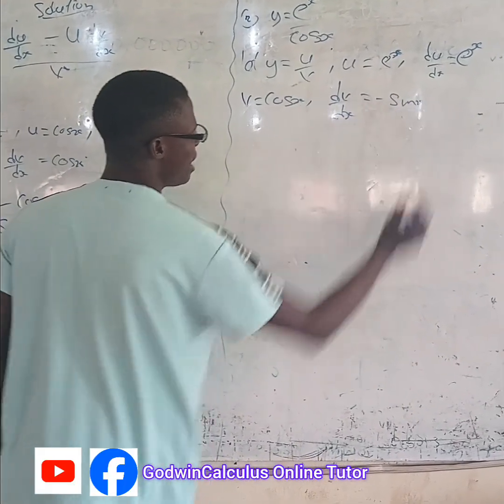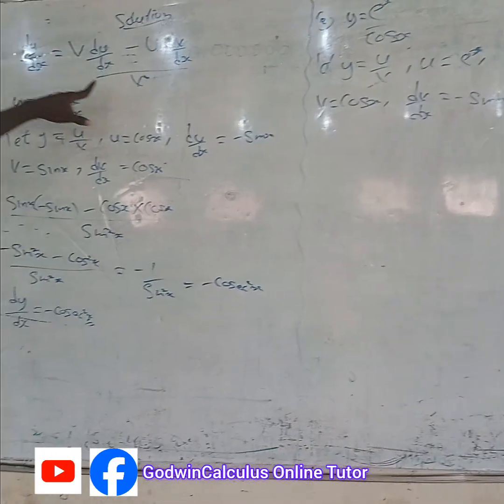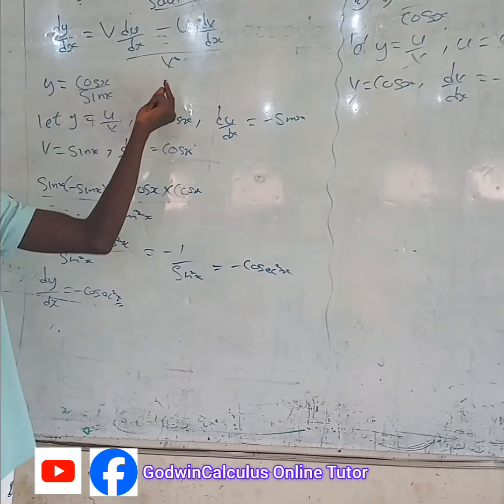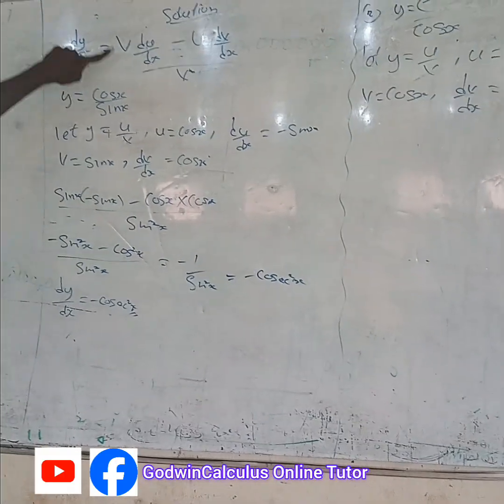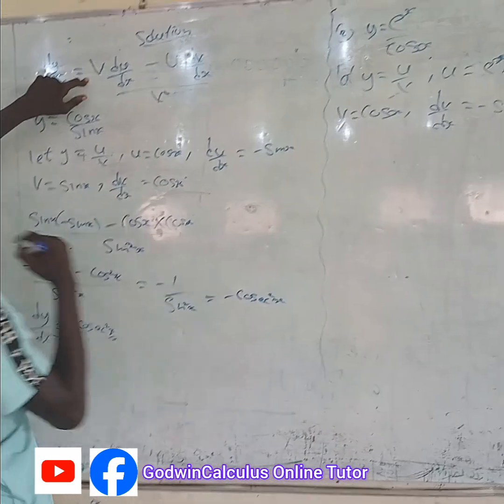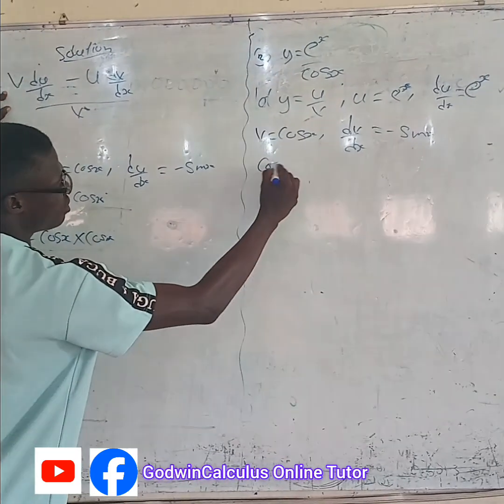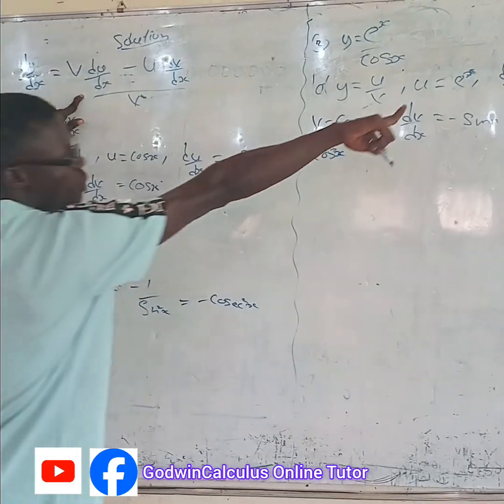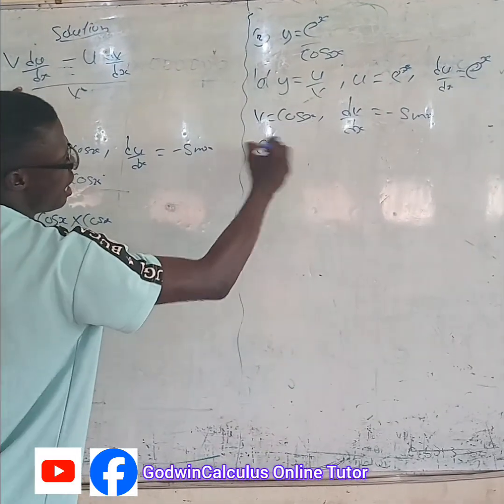Now, let's substitute into our formula, which is v du/dx minus u dv/dx, all over v squared. Our v is cos x. Our du/dx is e^x.